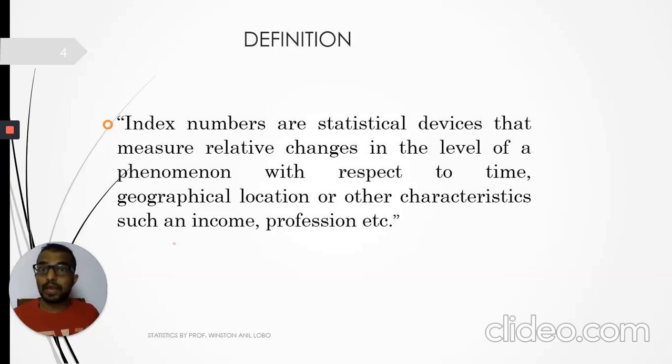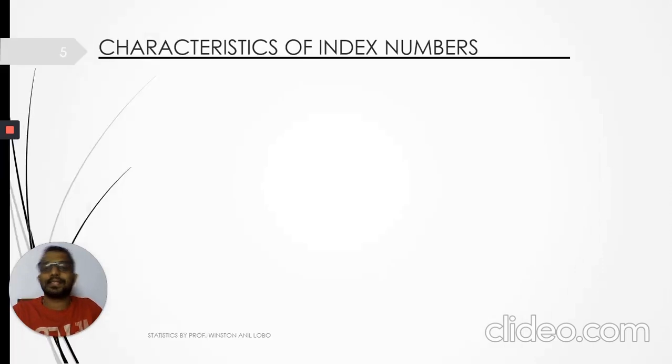Or income, how much I am earning now compared to how much I was earning before. Or geographical location, the prices of certain goods in my area and the prices of certain goods in some other region. For all these comparisons, we use something called an index number.